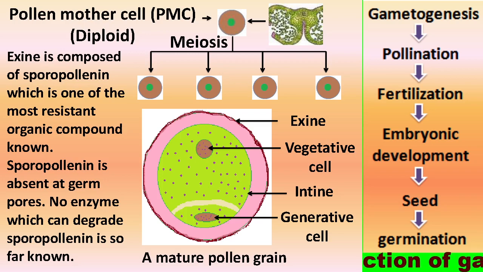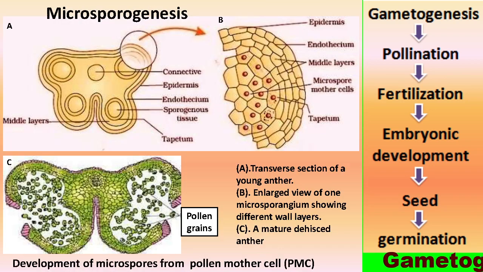And tapetum is an anatomical niche of anther. If you take a section of anther, you can find tapetum very inside of the anther. So now I think you understand this tapetum.